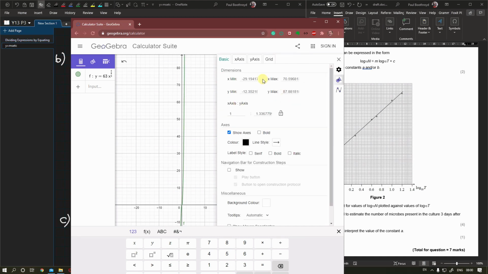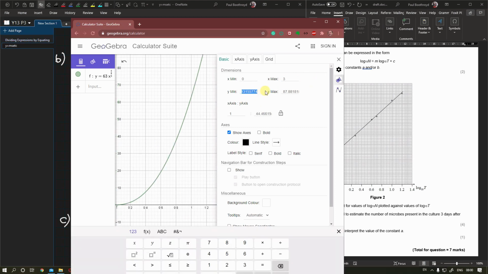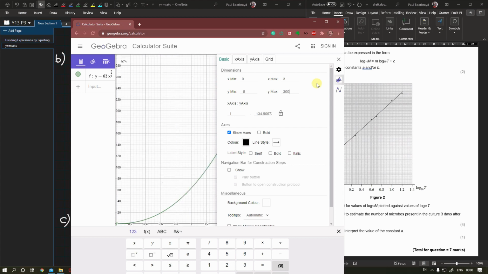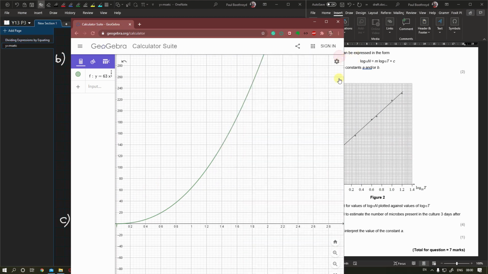I just want 0 to 3. And from -5 to, let's go for the 300. See, we should see the 3 days. So that's my graph. Let's hide it.